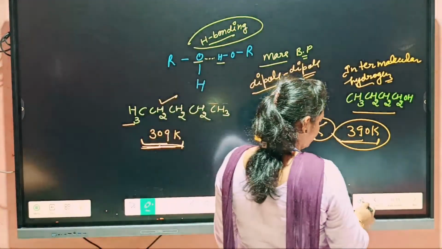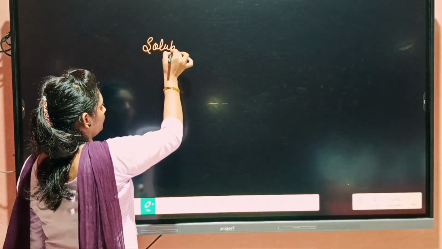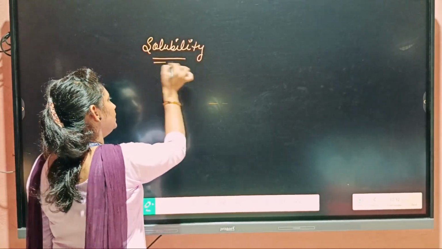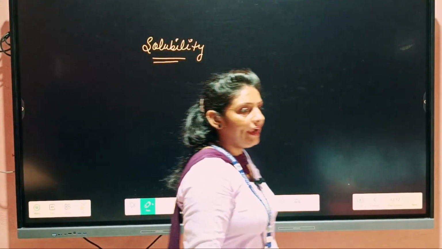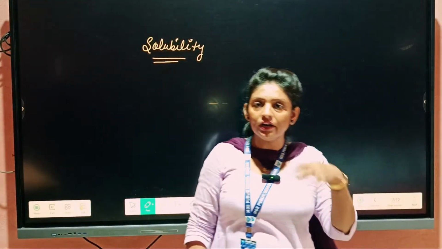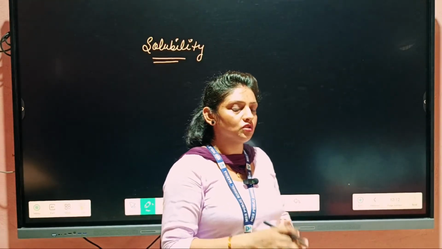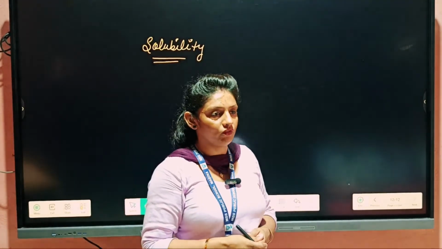Our last point for physical properties is solubility. Students, they are soluble in water like alcohol. To the extent alcohol dissolves into water, at a comparable extent they can be dissolved into water.